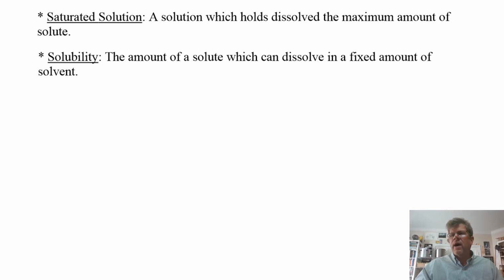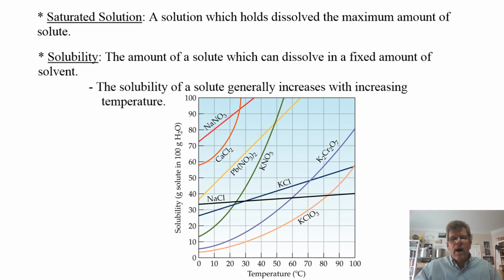Further, the solubility of a solute in a solvent is highly dependent upon the temperature of that liquid solvent. Here we have a graph showing a number of different solutes and their solubilities in water. Look over here on the x-axis, we have increasing temperature.